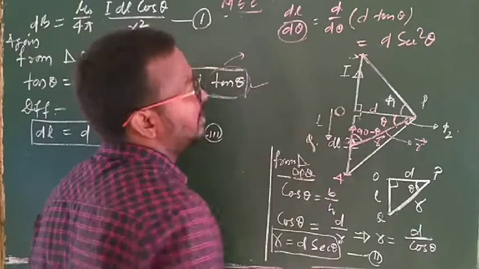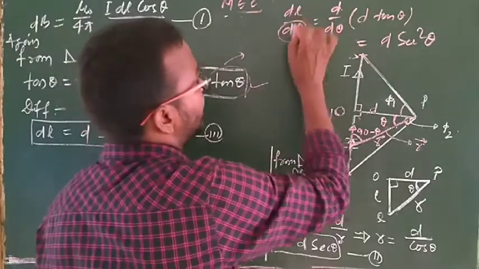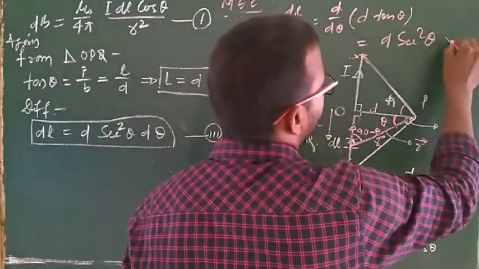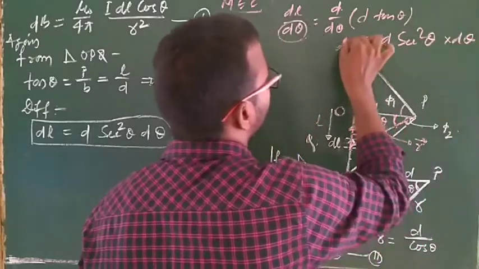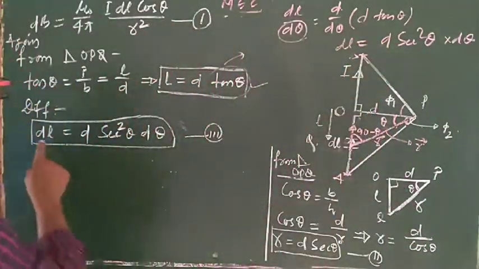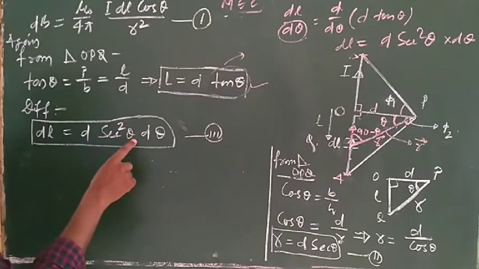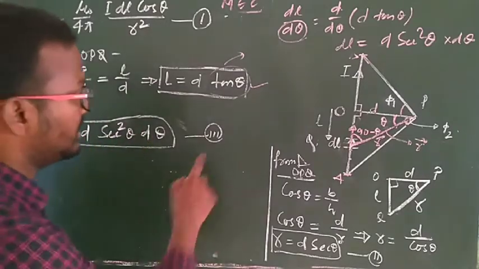Then multiplying by d theta, dl equals d sec square theta into d theta, equation 3.